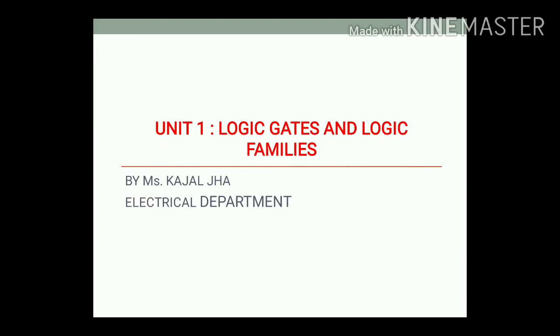Then duality theorems and de Morgan's theorem. Then next is the logic families, and in that we have to see the characteristics of logic families. And at the last point of the unit 1, we see the comparison of the logic families, that is TTL, CMOS and ECL family. So we start the unit 1, that is logic gates and logic families.